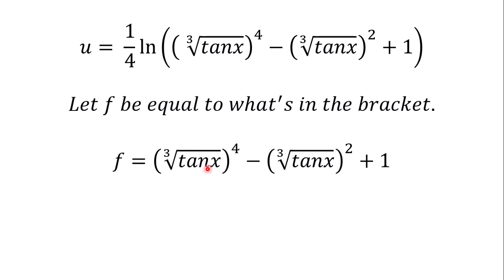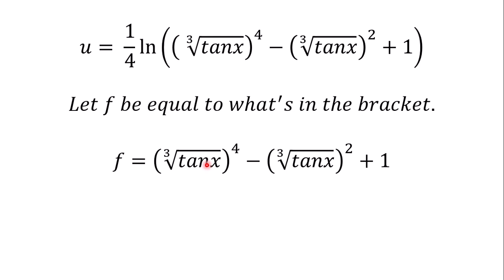Now when you are differentiating, you know the power rule: multiply the exponent by the base, that is 4 over 3 times, then differentiate the base. When we differentiate tangent x, we get secant x squared. So it will be 4 over 3 times secant x squared.